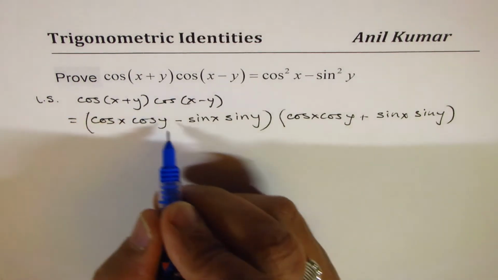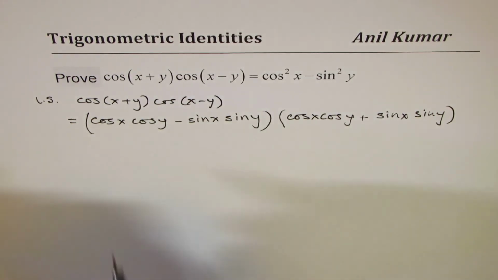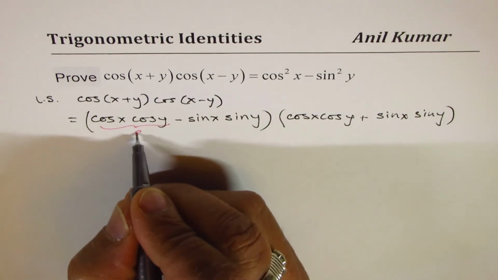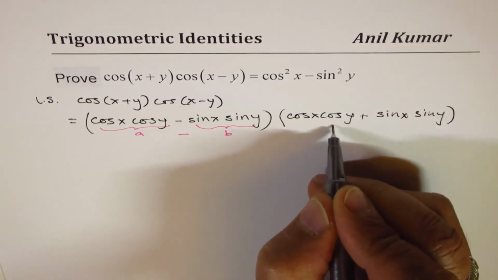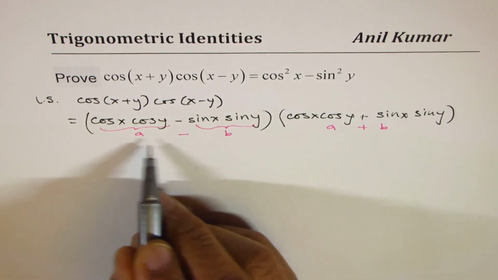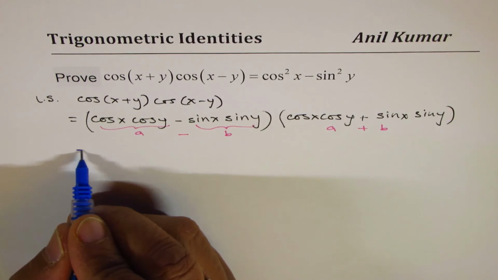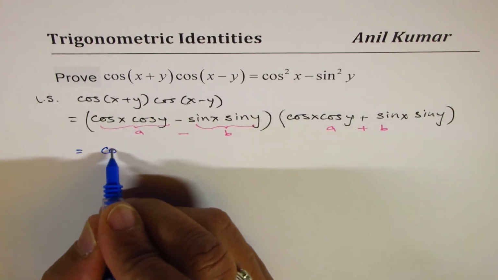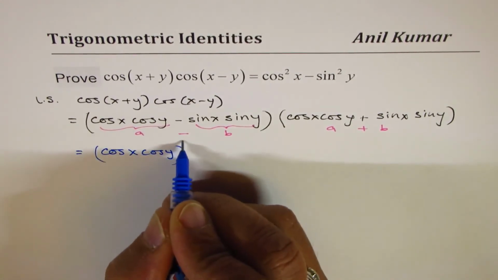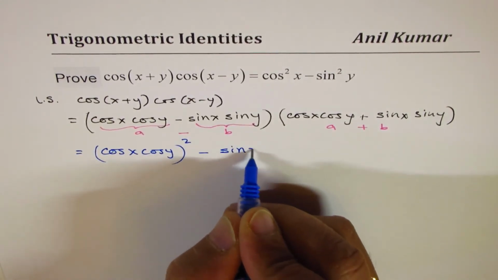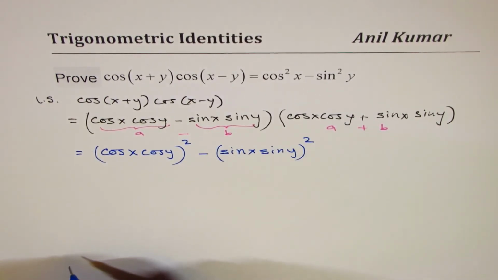Now it is kind of a plus b times a minus b. Do you see? If you treat this part as, let us say, a and this as b, right? So this is a minus b and this is a plus b. So a minus b times a plus b is a square minus b square. And therefore, I could write this as (cos x cos y) square minus (sin x sin y) square.